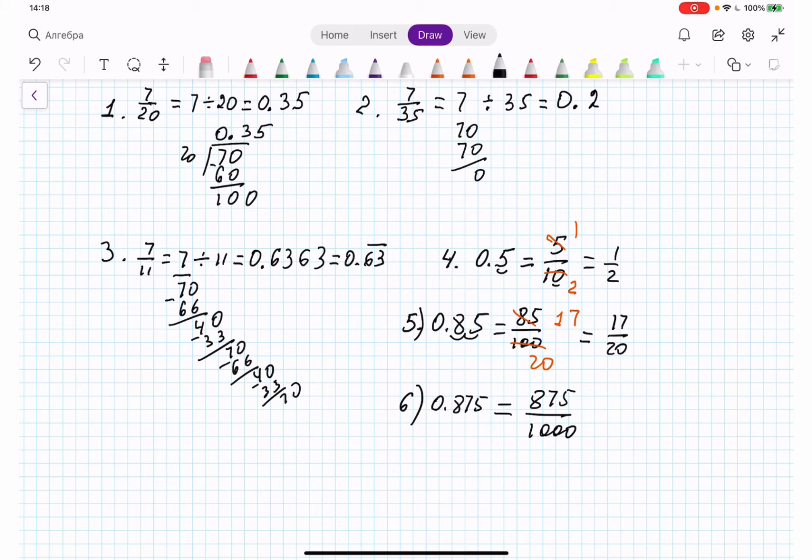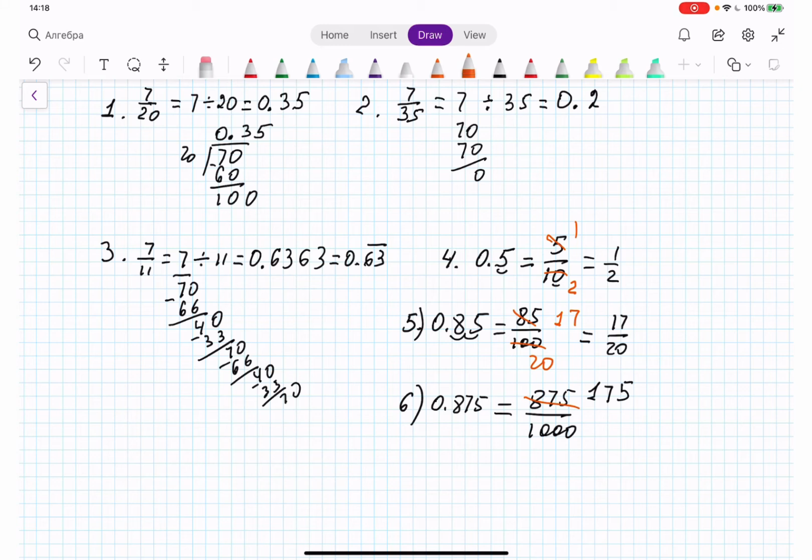You can go slow. Let me also go slow with you. Divide by 5. It ends with 5 and 0, so both of them I can divide by 5. 875 divided by 5: 8 divided by 5 is 1, remainder 3. 37 by 5 is going to be 7. 35. And 25 by 5 is 5. 175.